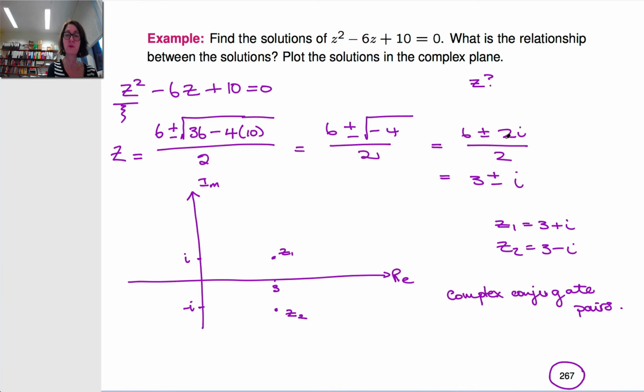When you simplify it, it's 3 plus or minus the imaginary part, and that's what we mean by a complex conjugate. The conjugate of 3 plus i is 3 minus i, and the conjugate of 3 minus i is 3 plus i. The fact that these solutions always come in complex conjugate pairs is true no matter what quadratic we have, if you solve it over the complex number system and you get a complex solution.